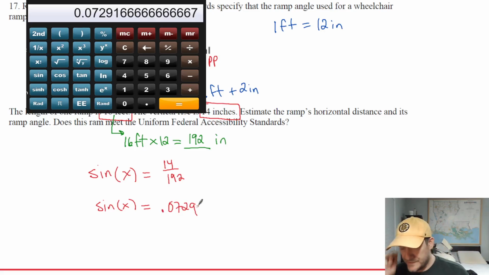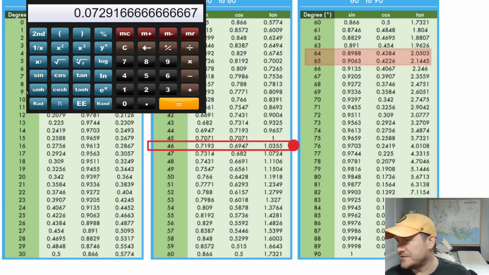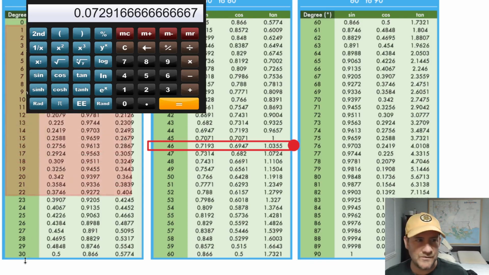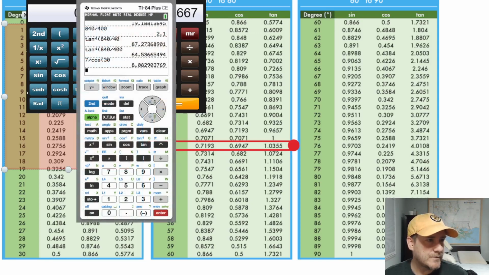All right, if you don't have a graphing calculator, then the best you can do is go over your trig chart and go hunting for 0.0729. It's probably going to be over here in the small numbers, which are blocked by the calculator right now, so we'll turn that off. Oops, I turned the other one on.